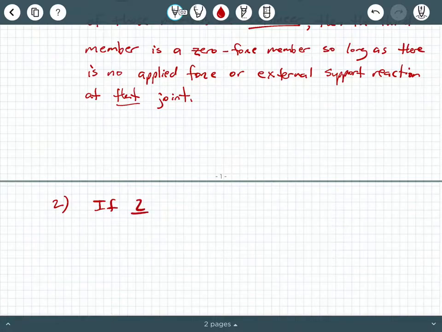Now let's look at visual inspection criteria number two.